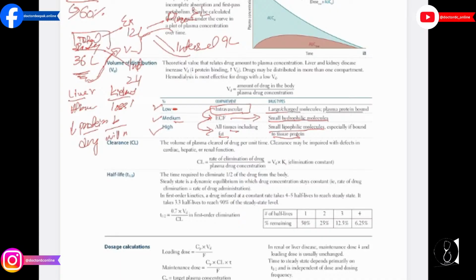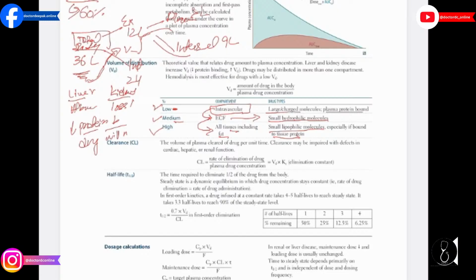Drugs that stay in the vascular compartment will have less volume of distribution; they are large, charged molecules and often bind with proteins. For instance, warfarin has a volume of distribution of 9.8 liters.